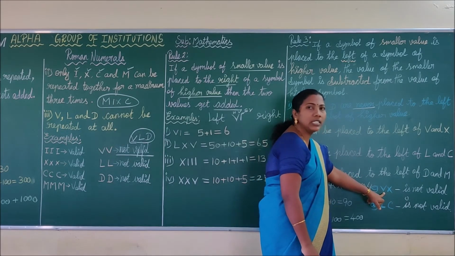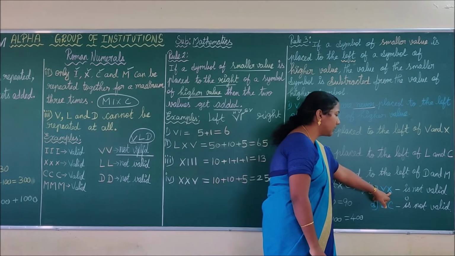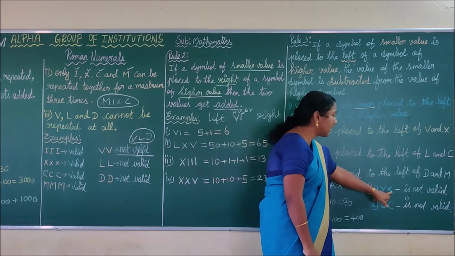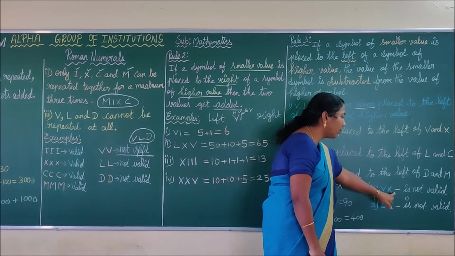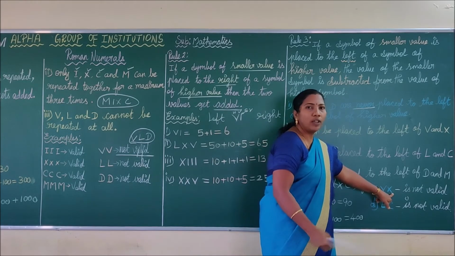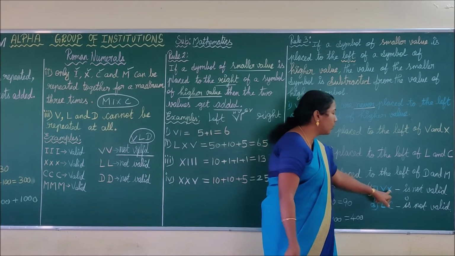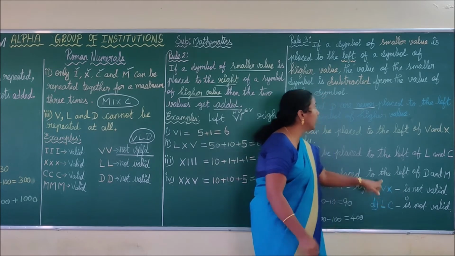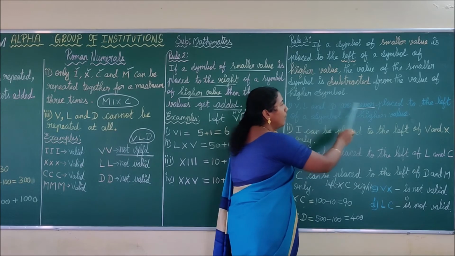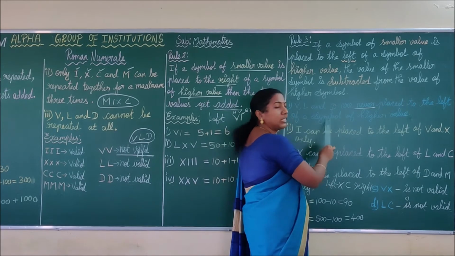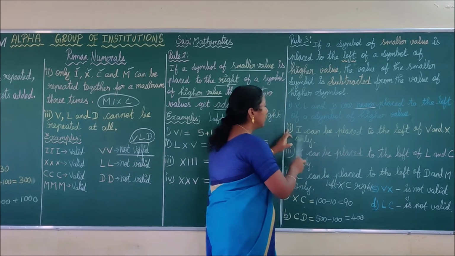The value of V is 5. This is the higher value symbol. This is the lower value symbol. So you have to subtract 5 from 10. You get 5 only. For 5 we have the separate symbol V. So this is an invalid symbol. That's why they say V, L and D are never placed to the left of a symbol of higher value.